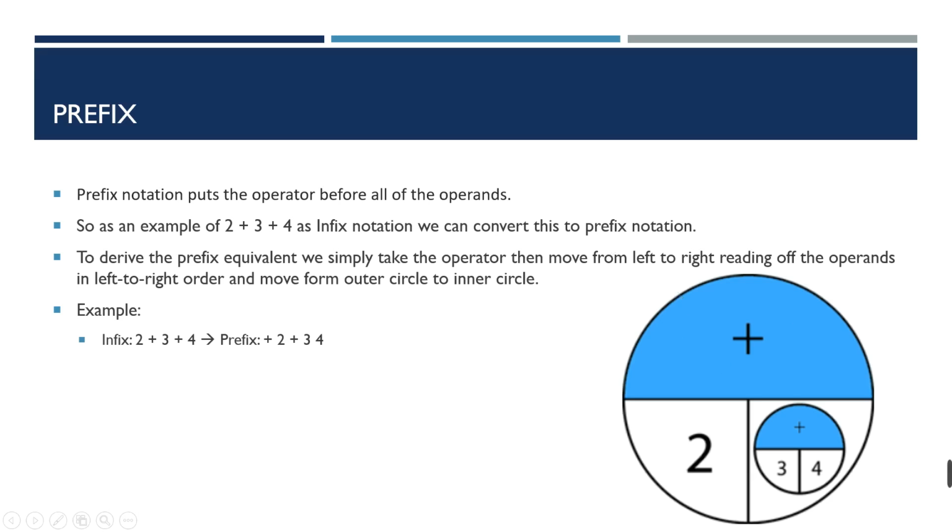To derive the prefix equivalent, we take the operator, then move from left to right, reading off the operands in left to right order. So for the infix 2 plus 3 plus 4, we will get plus 2 plus 3 4.